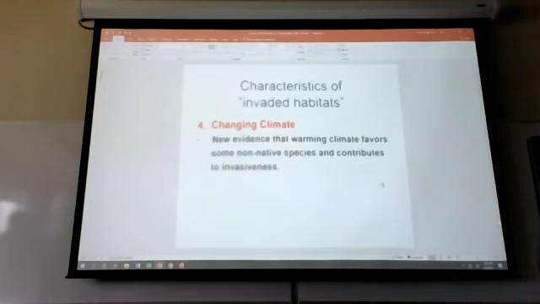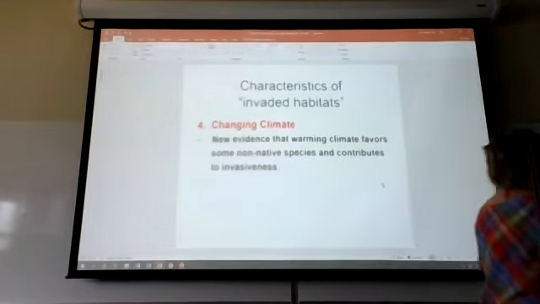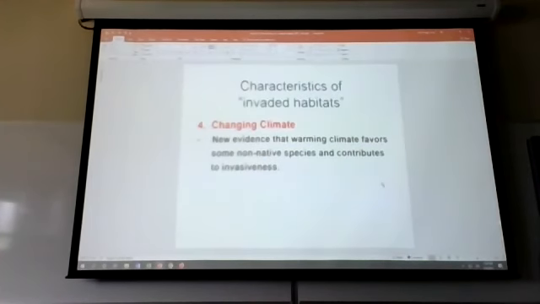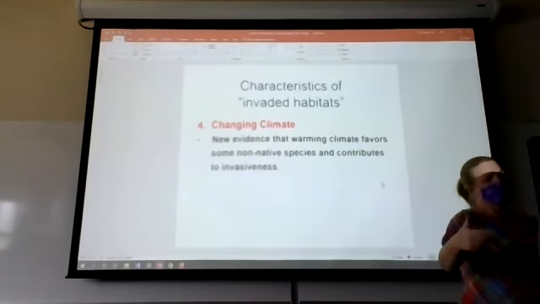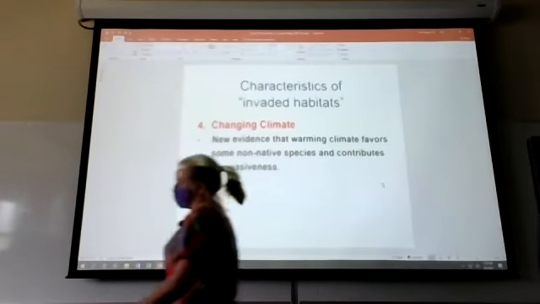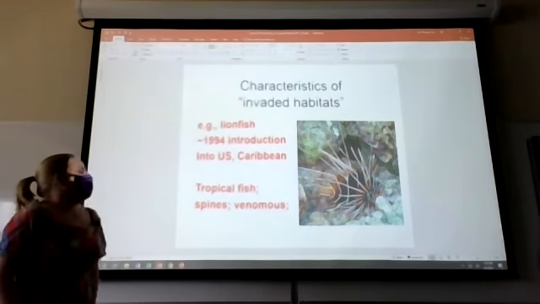And then, of course, our lovely friend climate change really altered things, but also in how invasive species spread. Here's the example. That's our friend, the lionfish, a tropical fish that is venomous.